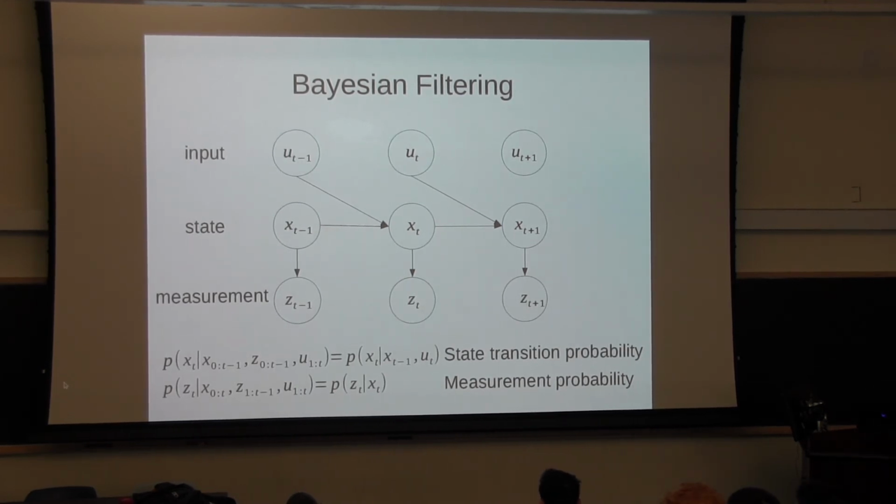So let's say x sub t minus 1 is 0, 0, here's my robot. You guys can't see that. Sorry, I'll draw it over.